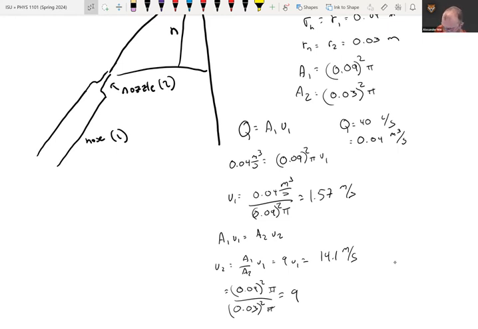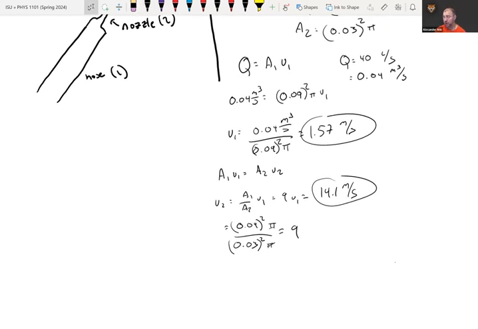Okay, now what we want to know is the pressure drop. So we have the two speeds, and now we want to know the pressure drop. To get the pressure drop, we've got to use Bernoulli's equation. As a reminder, that's P1 plus 1/2 rho V1 squared plus rho GH1 is equal to P2 plus 1/2 rho V2 squared plus rho GH2.